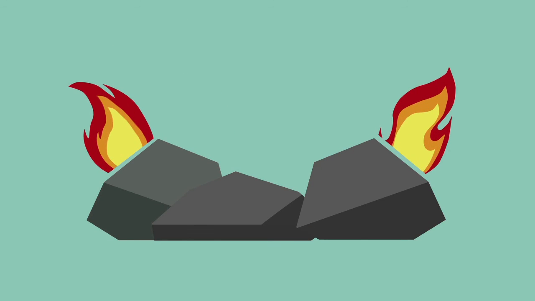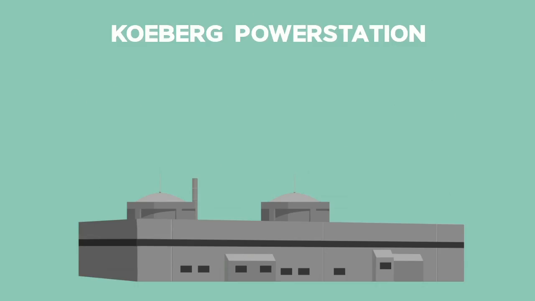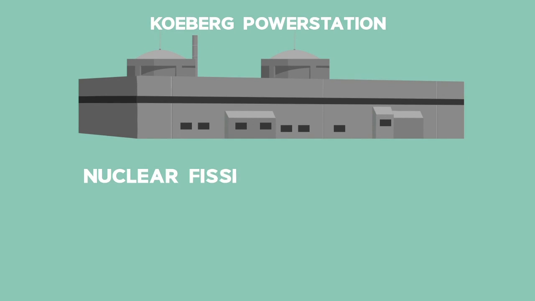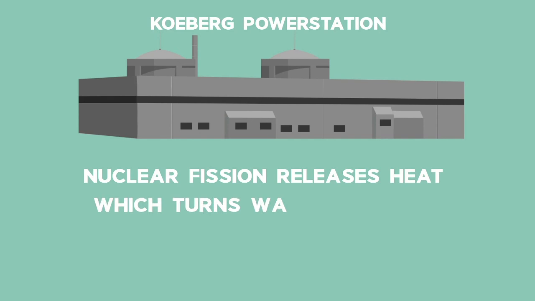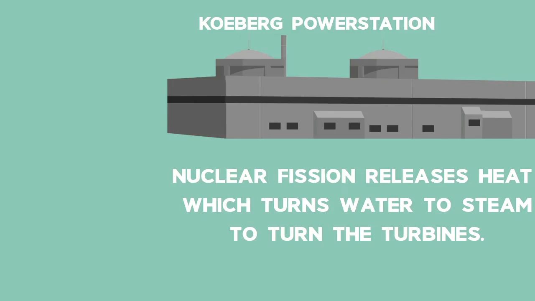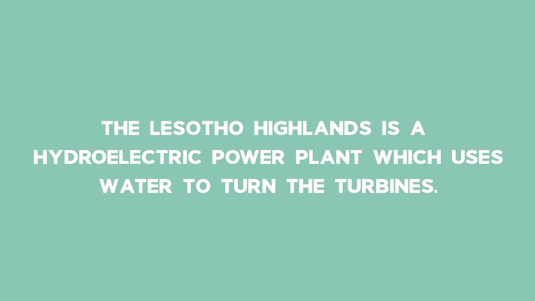The steam is produced from the heat generated by burning coal. Koeberg is our only nuclear power plant so far. Nuclear fission releases heat, which turns water to steam to turn the turbines. And the Lesotho Highlands has a hydroelectric power plant which uses water to turn the turbines.